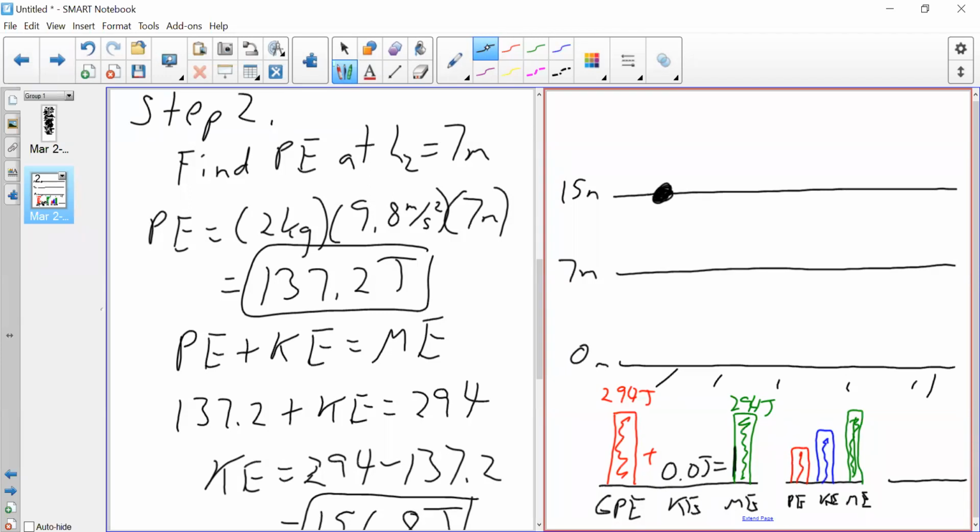Right, and you put your numbers in there. 137.2, 156.8. And 294. The same thing over here. Right here. So PE or, of course for you it'll be expanded out.